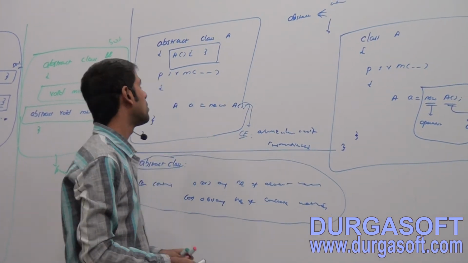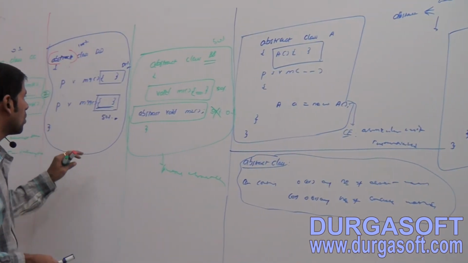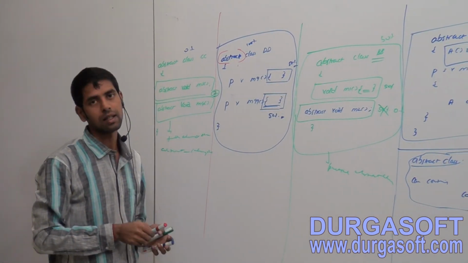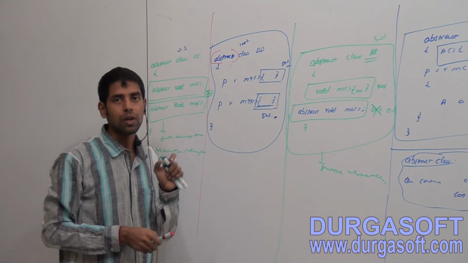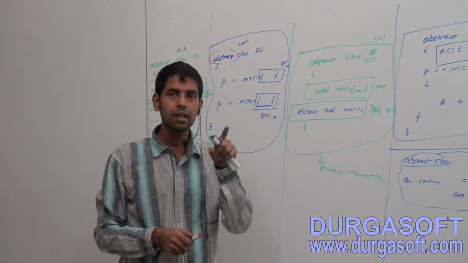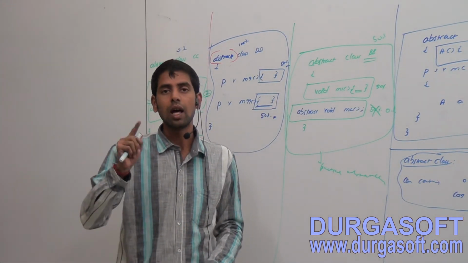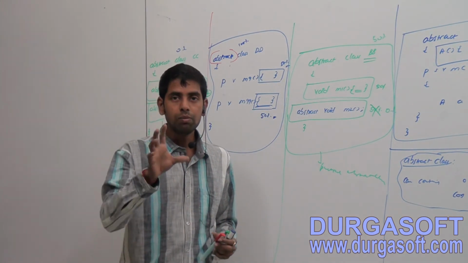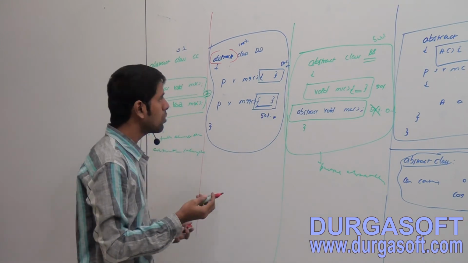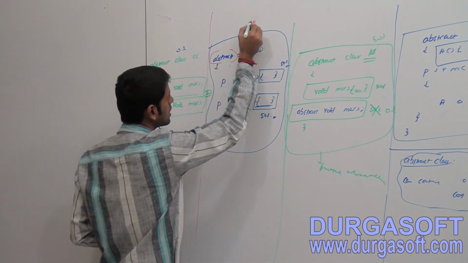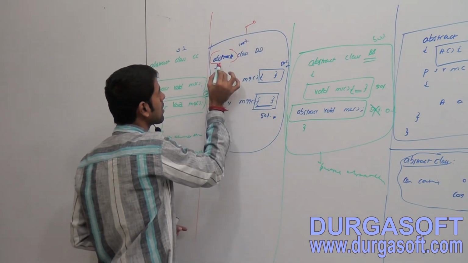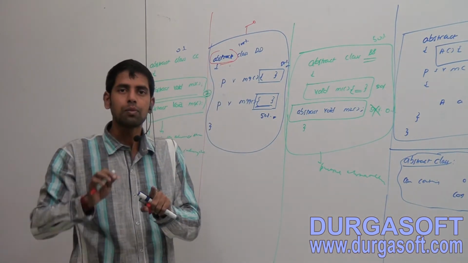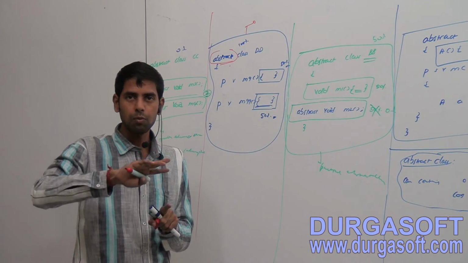Okay, now observe here. Why do I still have to declare this class as abstract? A simple reason: I want to restrict object creation to some other person. How to restrict object creation in Java? By using abstract, and you can also do that by using other modifiers.